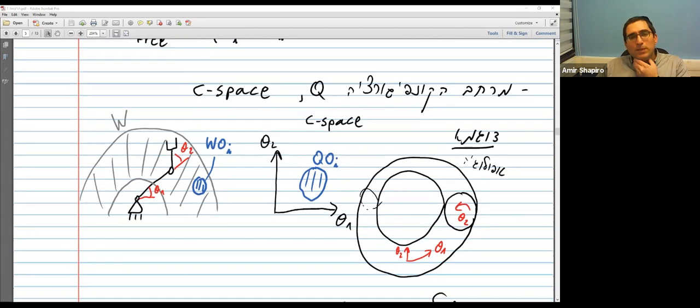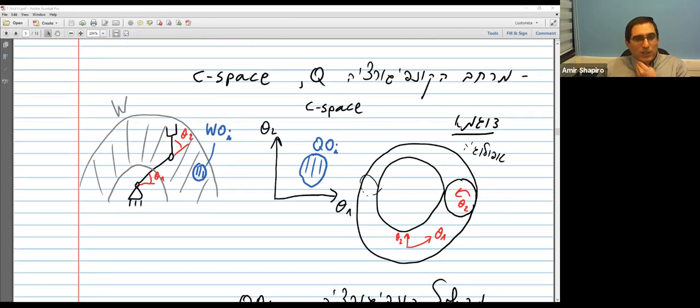Now I want to talk a little bit about configuration space, what it is. Say we have a robotic arm. Here you can see a two-link robotic arm in the plane. We have two joints, theta1 and theta2, which are the angles of the two joints. You see here the workspace. It cannot go beyond this point because this is the minimal radius, and it cannot go further than this radius, the maximum radius when the arm is fully stretched.